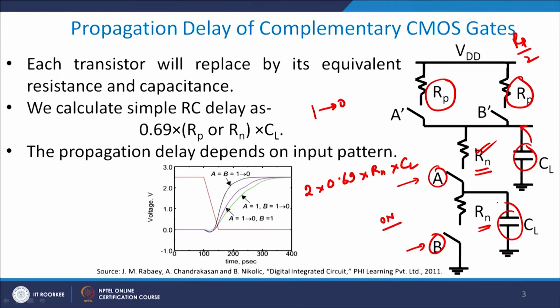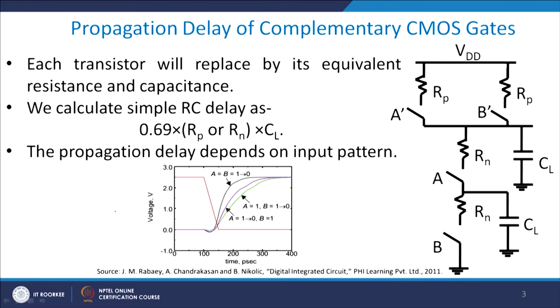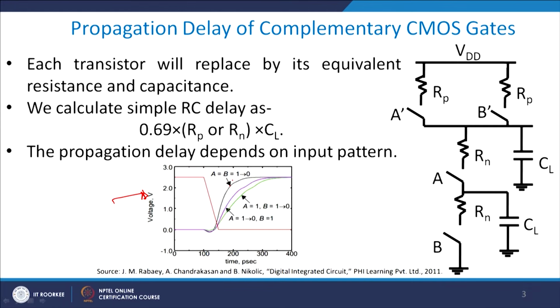Now, as I was discussing with you, if you look at this graph here, the propagation delay also depends upon the input pattern. We have already seen this point. I will go a bit fast in this case and explain to you. The black line is when A and B are both equal to 1 and both are going to 0.